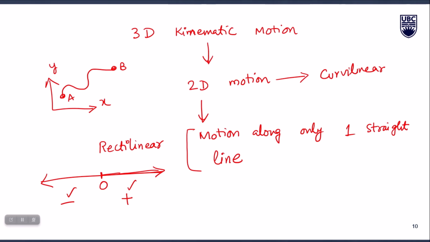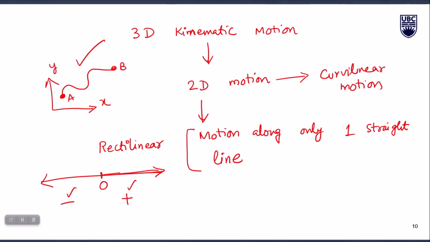But for describing a motion which is simultaneously in both axes, like curvilinear motion, for example, this case, you now need a vector notation because every time instant the direction is now changing, right? And the path is also changing, right? So therefore you need vector notation to tell the direction at any particular time instant.